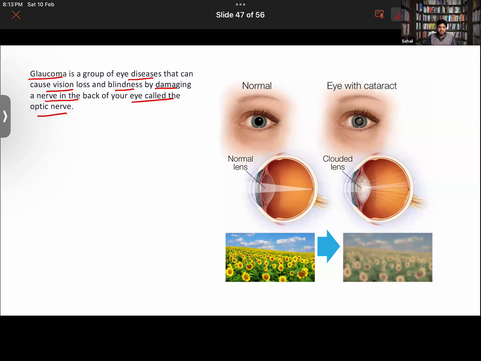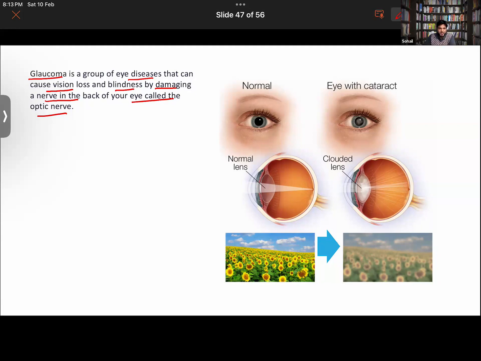Presbyopia. And then cataract. What happens in cataract? The vision becomes cloudy or hazy.